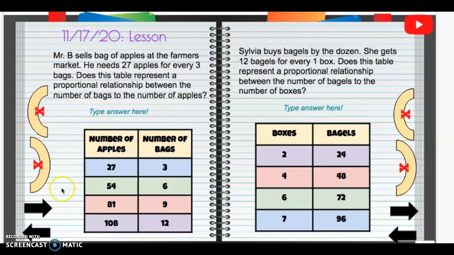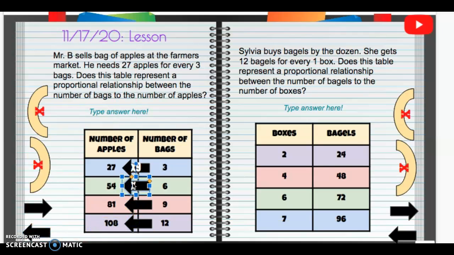Okay, so what did I do to 3 to get to 27? Well, 3 times 9 gets me 27. So let's see if I can multiply all these numbers going down by 9, do they give that number on the number of apples?